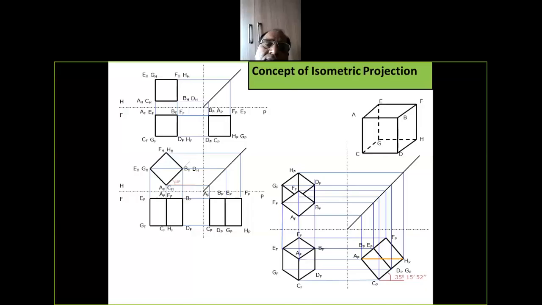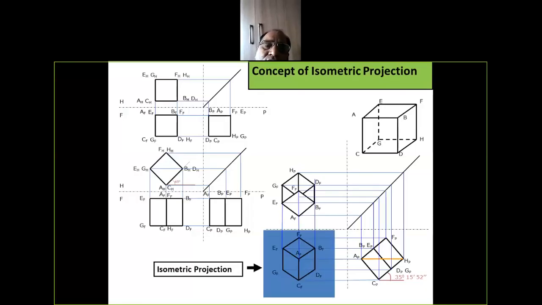Next, for an equal amount of foreshortening, we have initially rotated by 45 degrees about the vertical axis and then by 35 degrees 16 minutes for the profile, like this.